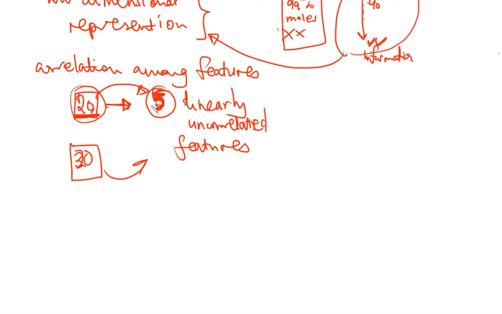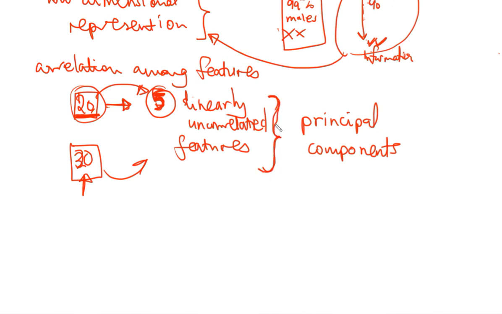These newly derived components are known as the principal components. So after it has moved from high dimension to low dimension, the new features that it has are called principal components. They are not features anymore. They are the features of our original data set, but in the low dimensional space they are called principal components.